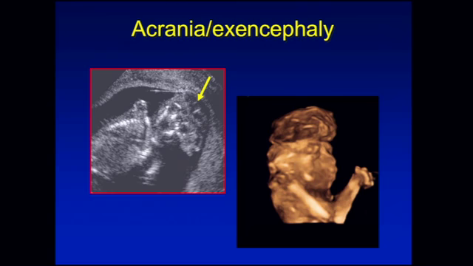With acrania in the first trimester, there is usually a large amount of exposed brain tissue, as you can see in this 12-week fetus. Hence, we use the term exencephaly. However, as the gestation progresses, the exposed brain tissue becomes absorbed. So we have the situation of acrania.